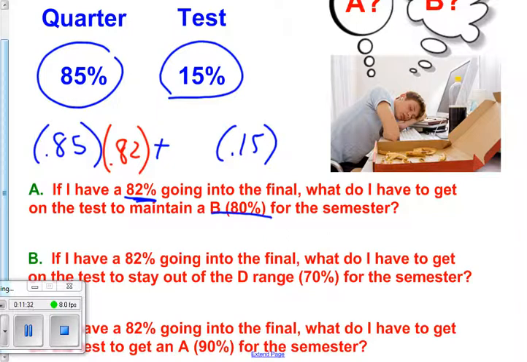What are you confused about? Well, this is how much he needs. 85% of your grade consists of what you do throughout the quarter, and he goes into the final with an 82%. So we need to multiply those. And then, what does he have to get to maintain a B? We need to figure out what percent on that test.